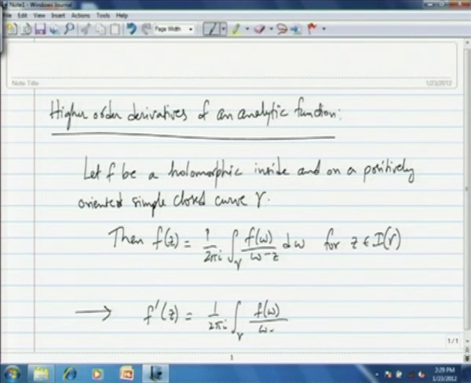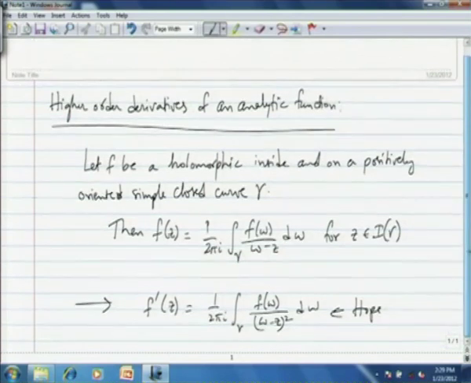We hope to write this as f of w by w minus z squared dw, the minus and minus cancelling. Okay. So, this we hope. But we should justify the differentiation under the integral sign in order for us to be able to do this, and that is the content of what follows.